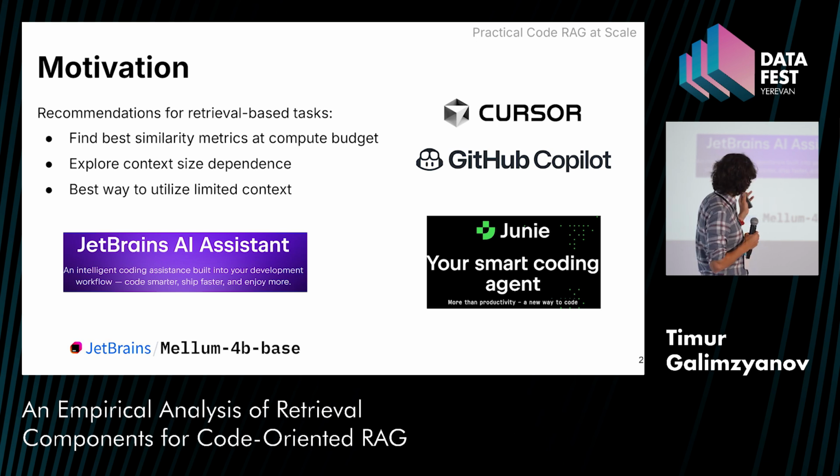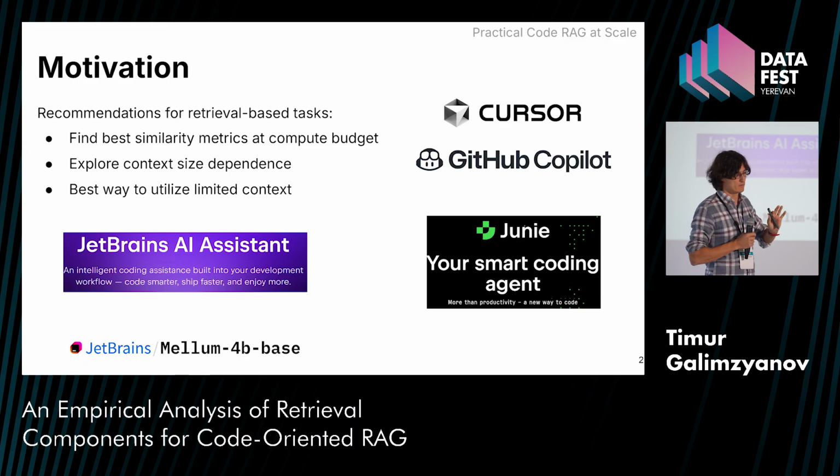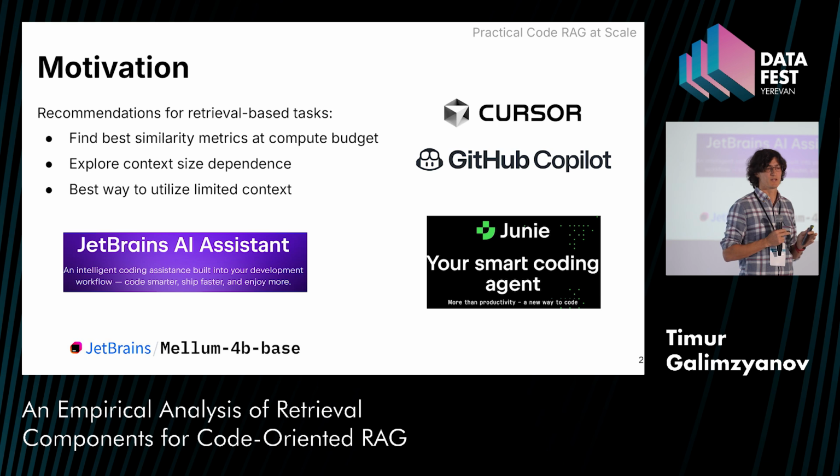We also tried to explore context size dependence, because especially in code completion you have strictly limited resources to complete fast, because the user cannot wait several seconds or 10 seconds until something is completed. In agentic or assistant settings, you obviously can wait longer, and you can use much heavier machinery.